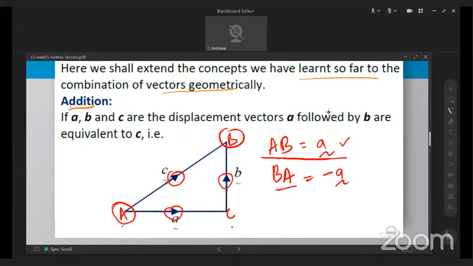Teacher, they are saying if A, B, and C are the displacement vectors, what do they mean by displacement vectors? We started by displacement. We need to go back to our part. What is a displacement vector?